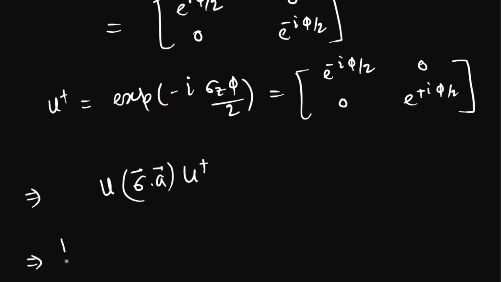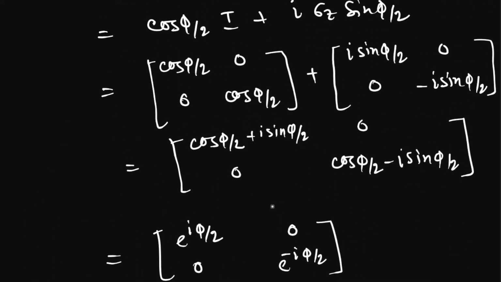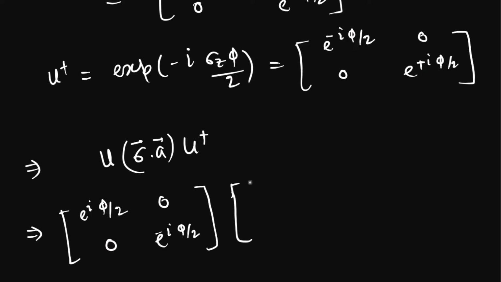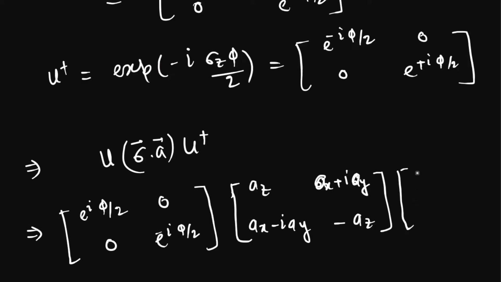That will be e to the power i phi by 2, 0, 0, e to the power minus i phi by 2, into the matrix az, ax plus i ay, ax plus i ay, minus az, into e to the power minus i phi by 2, 0, 0, e to the power plus i phi by 2.